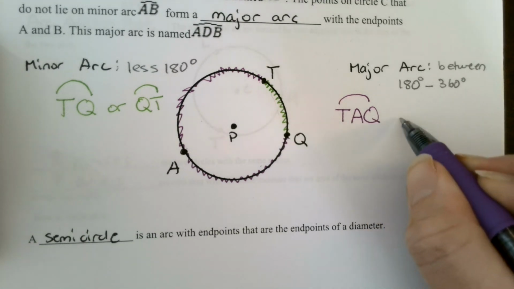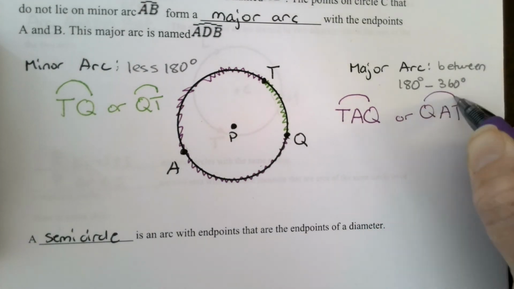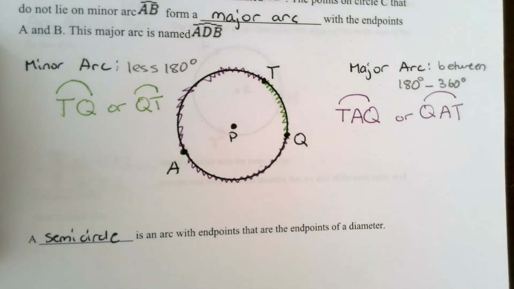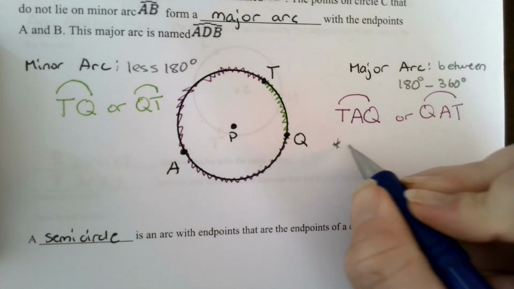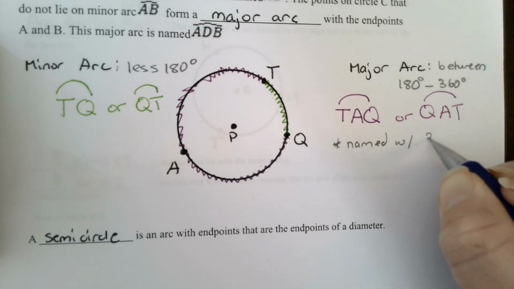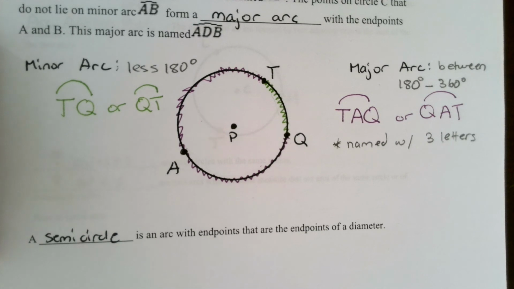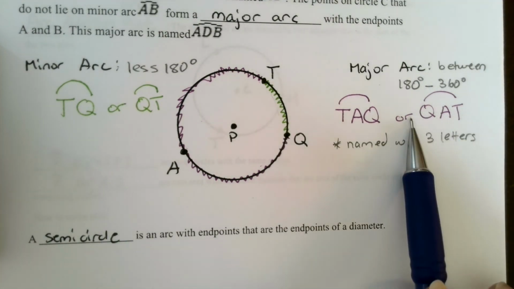So we could do TAQ or QAT, but our rule of thumb, so go ahead and pick back up your pencil, is major arcs are named with 3 letters. They have to be named with 3 letters. So that is the difference between a minor and a major arc.